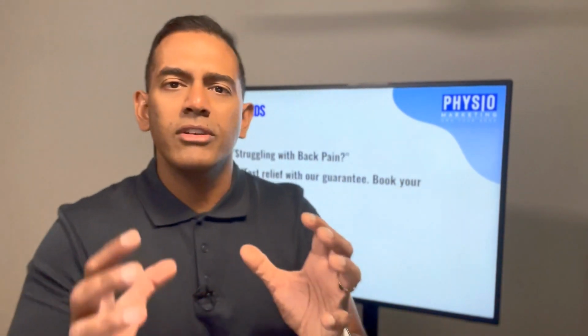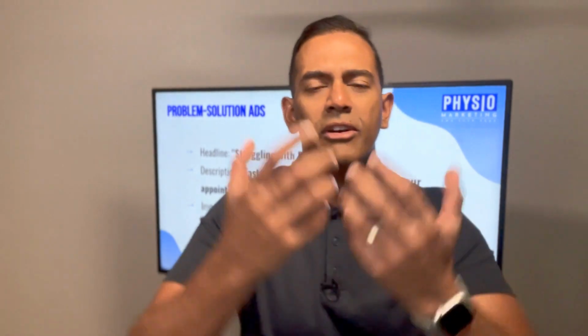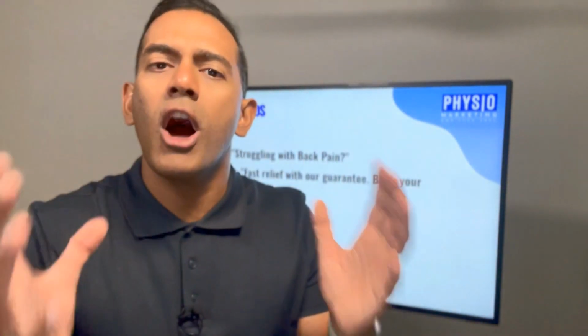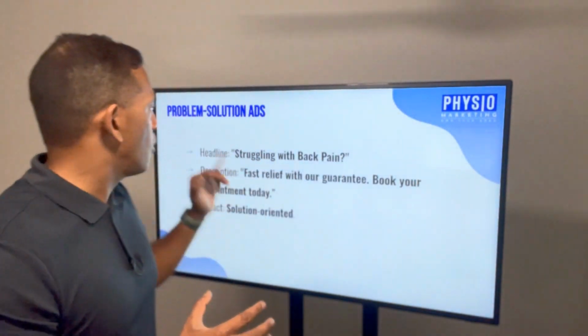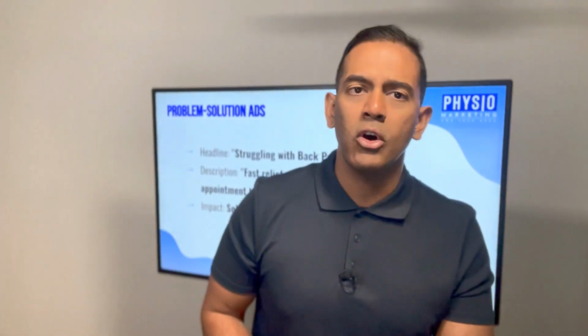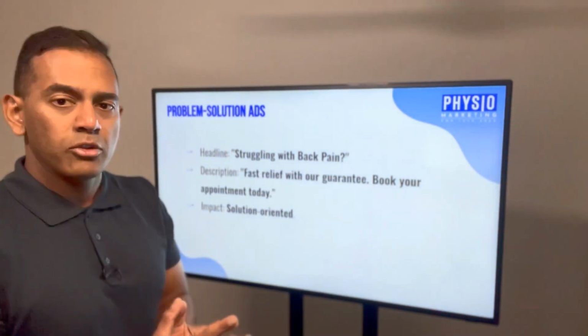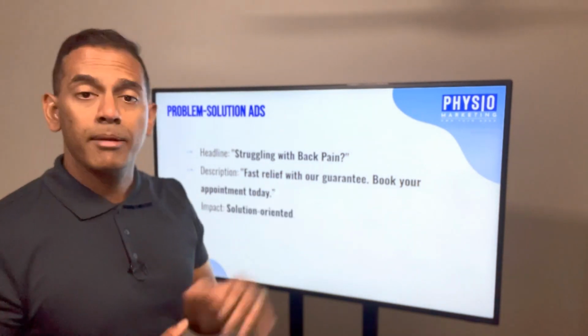Right? So let me give you a few examples of some good ads, some great ads, that create that curiosity and intrigue to get people over to your practice, right? The first type of ad is what we call a problem solution ad, right? So the headline could be, let's just say they type in physio back pain or back pain, or something related to back pain. Right? So the headline could be struggling with back pain.